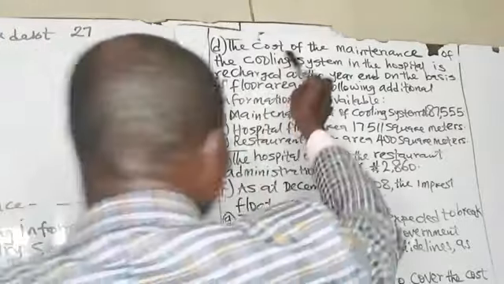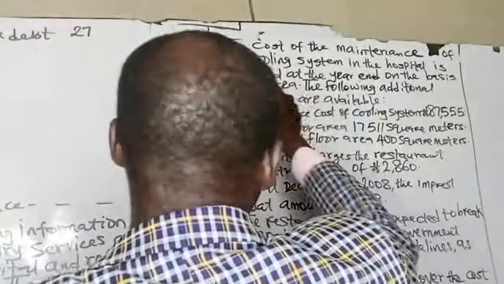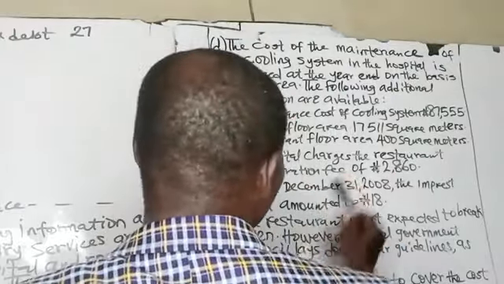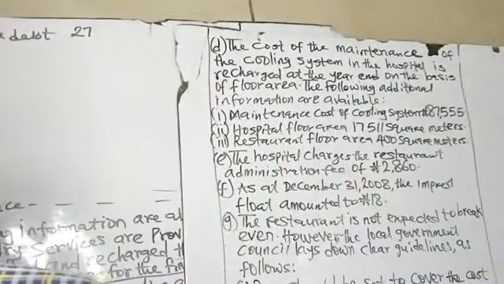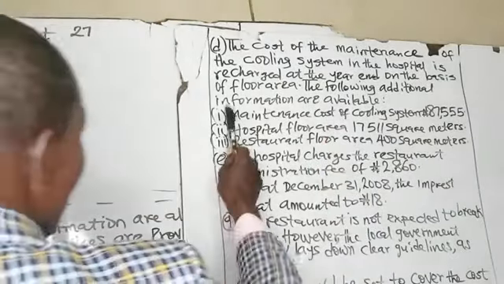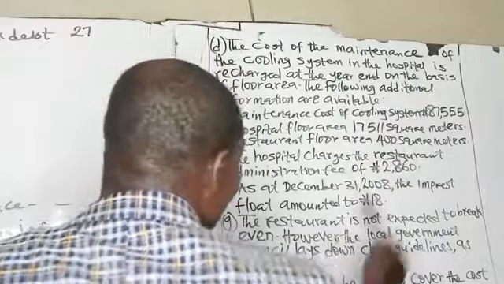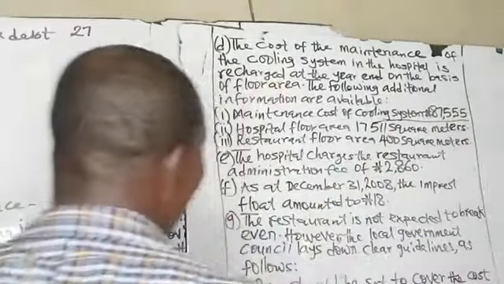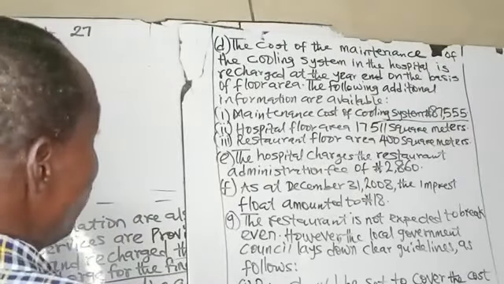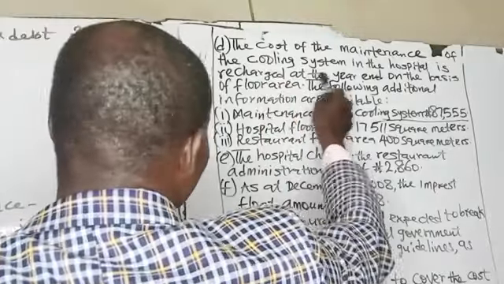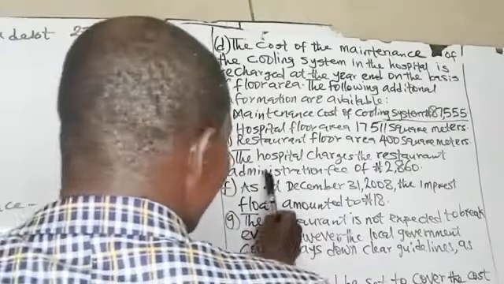Note D. The cost of the maintenance of the cooling system in the hospital is recharged at the year end on the basis of floor area. The following additional information is available. The maintenance cost of the cooling system is 87,555.